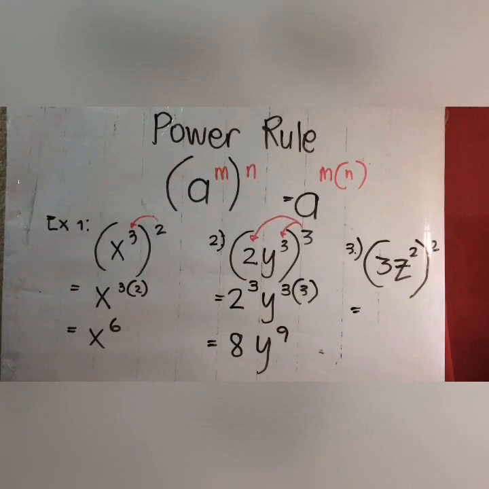All you want to do is apply the power rule of exponents and use the distributive property. Ten, 9, 8, 7, 6, 5, 4, 3, 2, 1. And what is your answer?